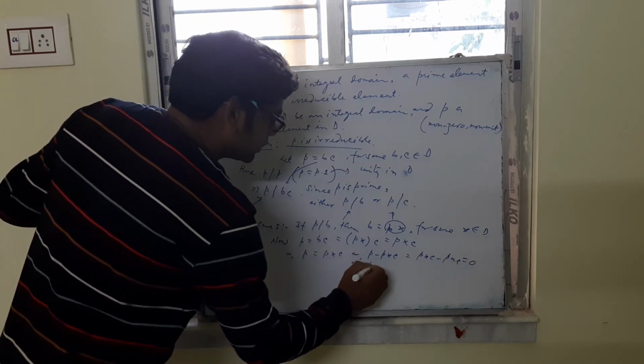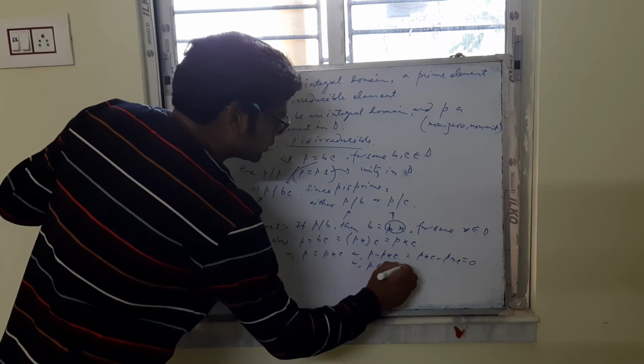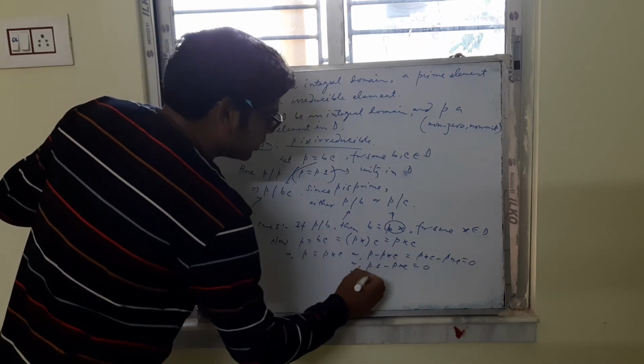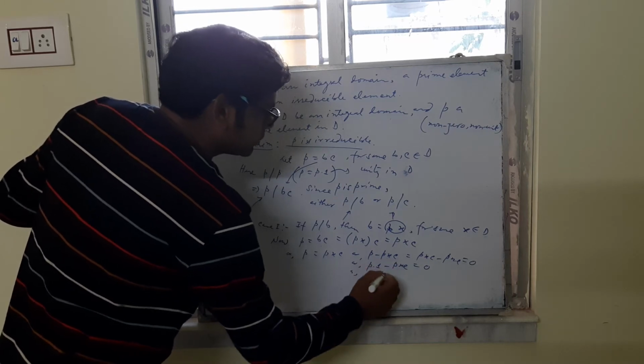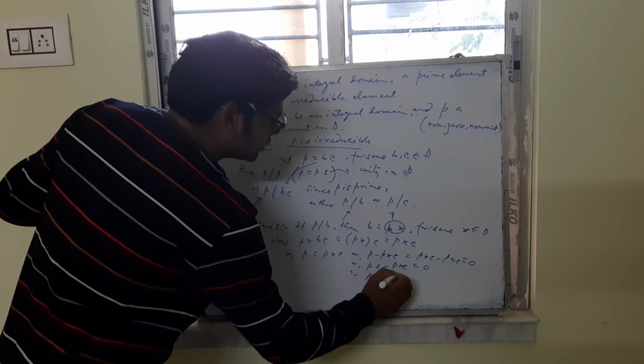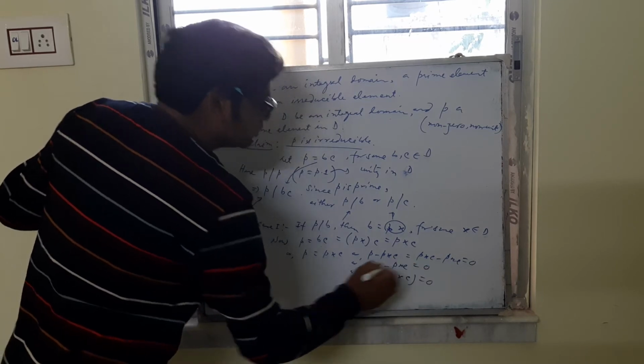Now P can be written as P times 1 minus PXC, this is 0. Or by the distributive law we can write P(1 minus XC) equal to 0.